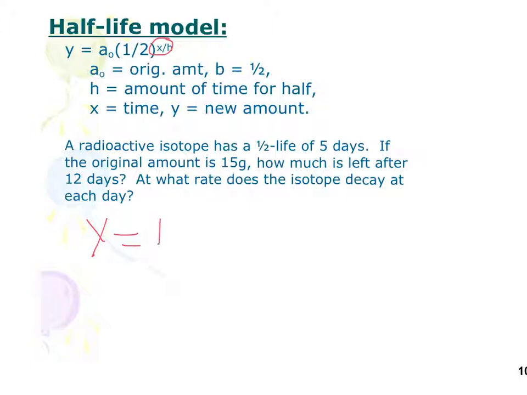If the original amount, A sub O, is 15, how much is left after 12 days? Well, there's my exponential function to represent that situation. I have x over 5, which means the half-life is 5 days. I have 15 in for A sub O, so the original amount is 15 grams, and of course my base of my exponent is half because this is a half-life model.